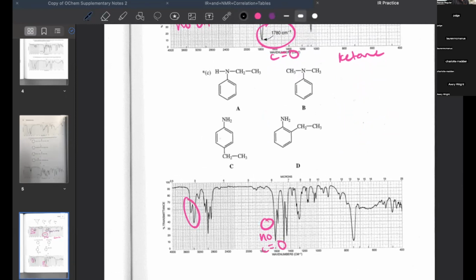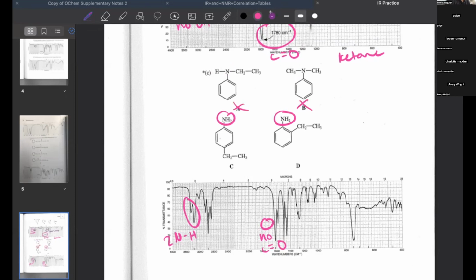However, we have two distinct humps, and that will be two different NH peaks. If you had a mono-substituted amine, you would only have one of those peaks and be relatively pointy. But this one, you have two peaks. So most likely you're going to have one of these groups that have two NH peaks. So it's not going to be A or B.